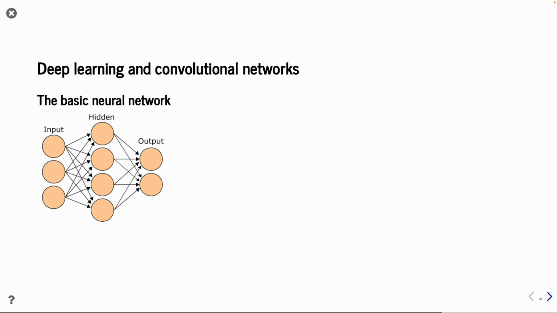Then the output is computed with some activation function, usually a sigmoid or a ReLU. At that time, it was only sigmoids. Finally, you get some output, which is a probability that it belongs to one class or the other. So that is the basic neural network.